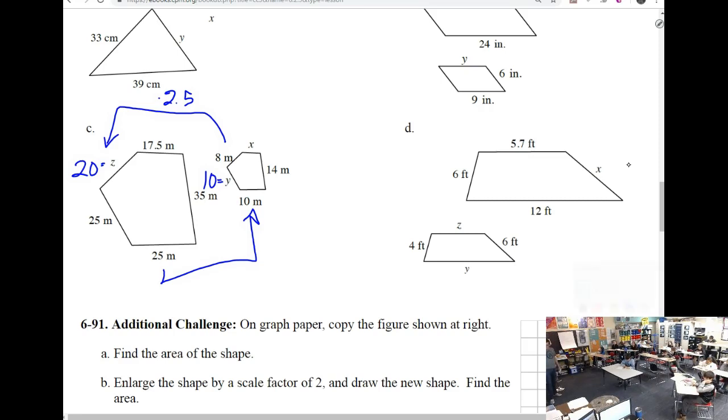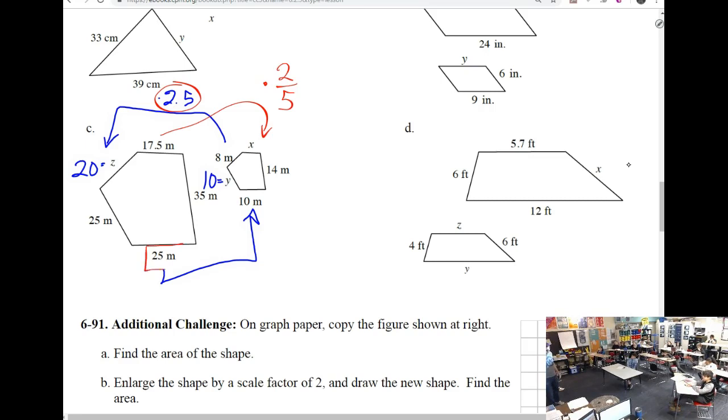And then X. We could either divide by 2.5, but if I want to multiply, what would I be multiplying with? 5.2. Wait, no, that doesn't make any sense. 0.25? Oh, no, this is 5 halves, right?